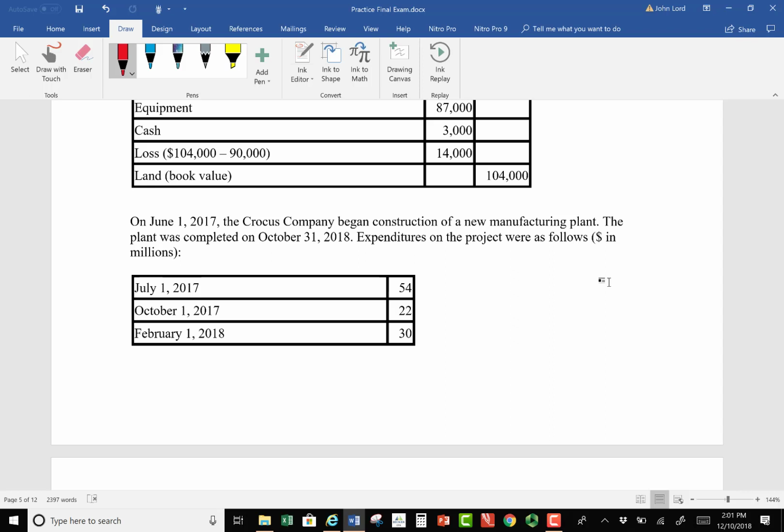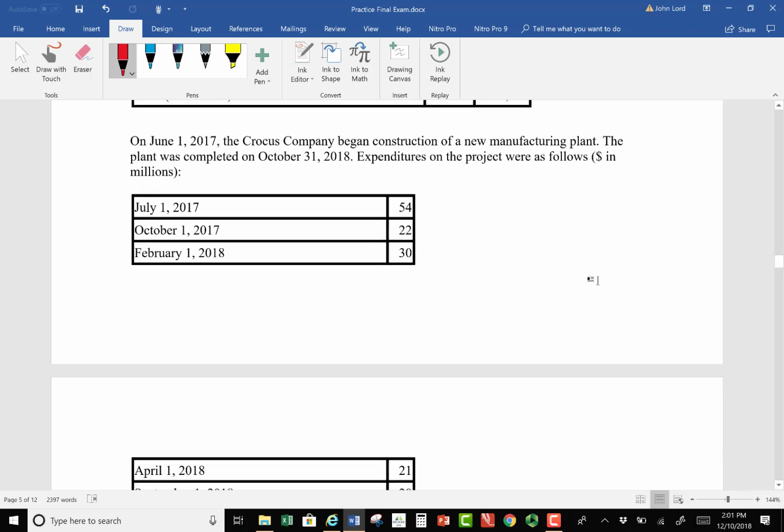Okay? All right, let's take a look at construction period interest. Now remember, we had a set of rules for construction period interest, which is what? We have to either calculate or we'll be given the weighted average of accumulated expenditures. So I'm going to probably make you calculate that.